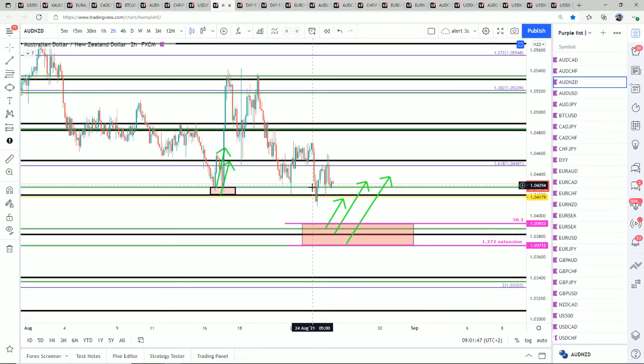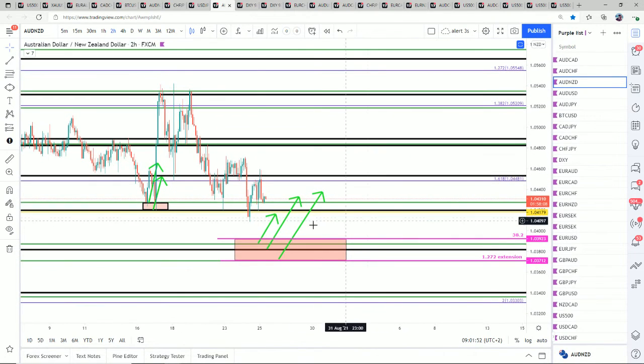But this momentum we saw yesterday is letting me think that we can see a little bit lower, even if this black support is very, very important. So we could see some break of this area, and then in this area is where I hope to see it landing.